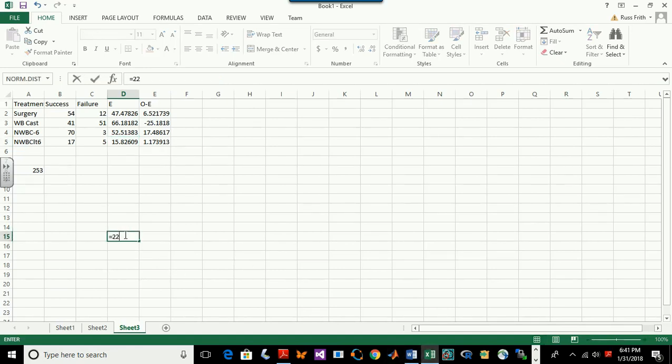Row total, which is 22, times the column total, which is 182, divided by the grand total, which is 253. Yeah, that looks to be about right. All right, let's proceed.